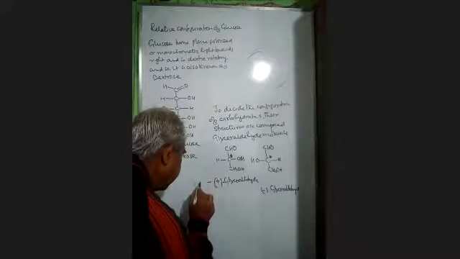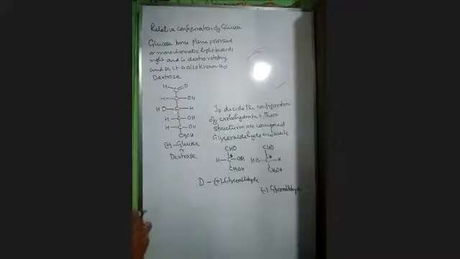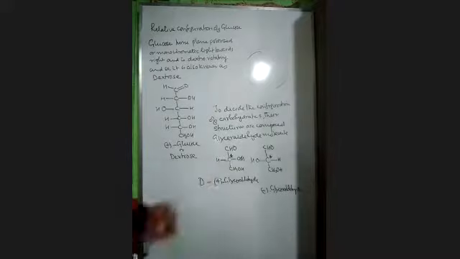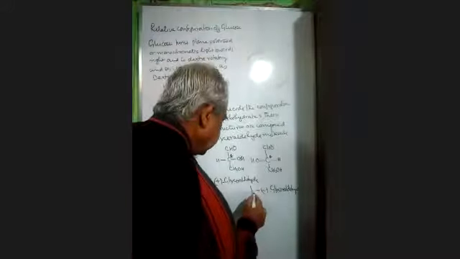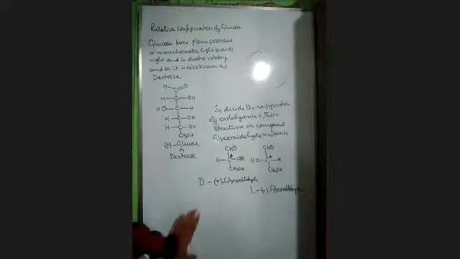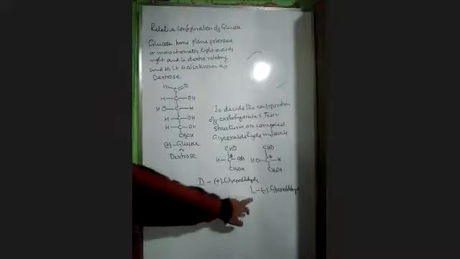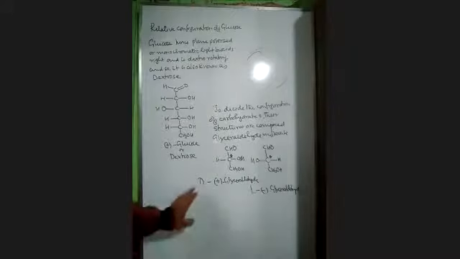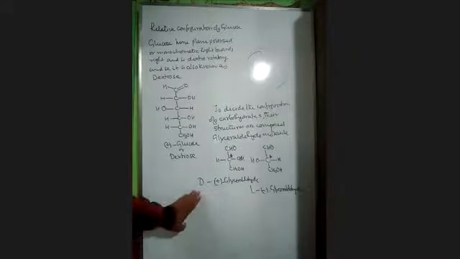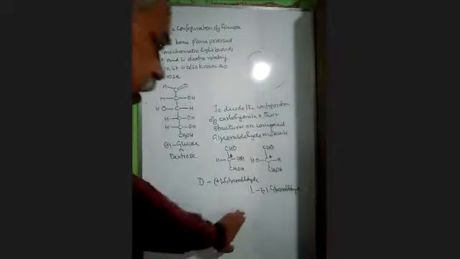We put one capital letter D. This D has nothing to do with the rotation of light. D is the structure, and this is called L. L-glyceraldehyde. Okay, so this is called relative configuration. We have given a specific name to identify their structure. So D-glyceraldehyde and L-glyceraldehyde.